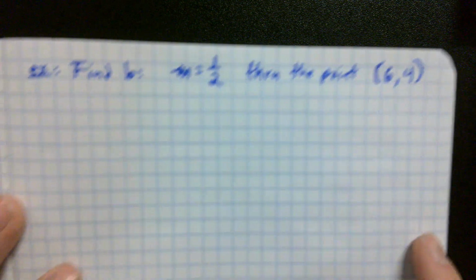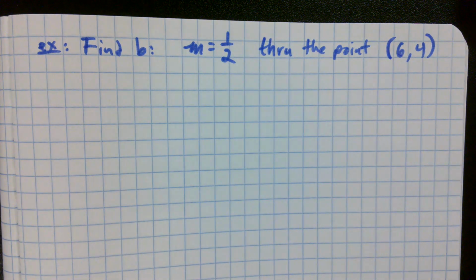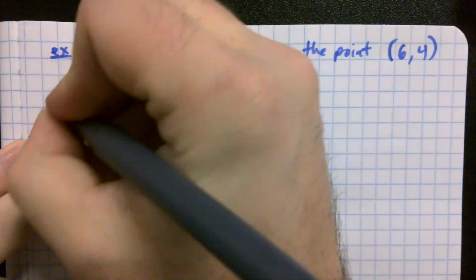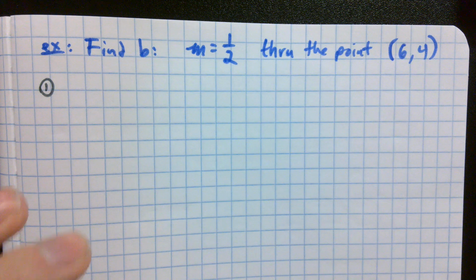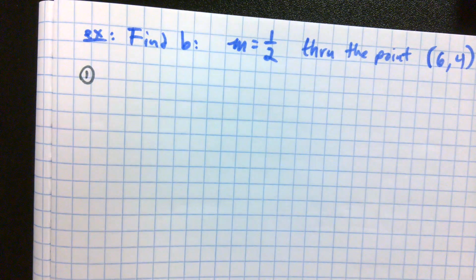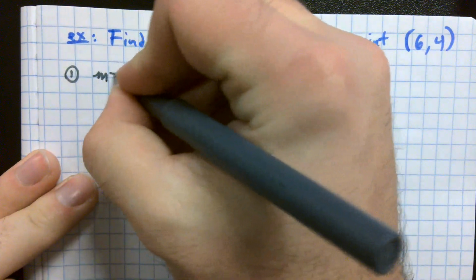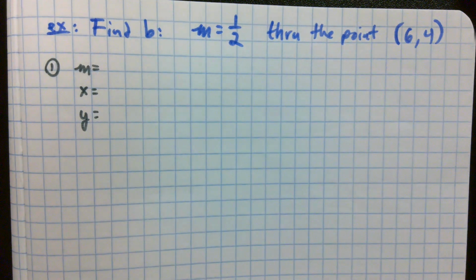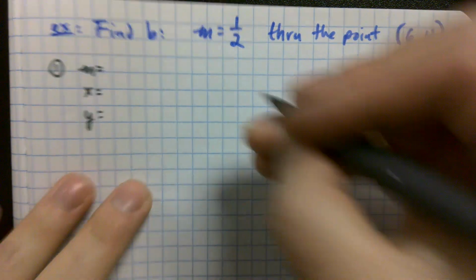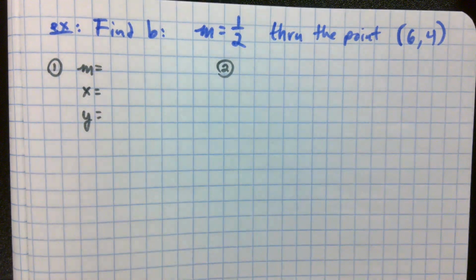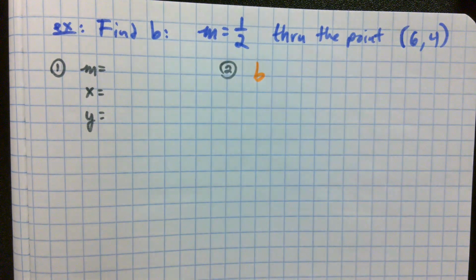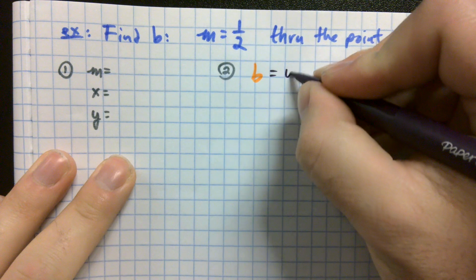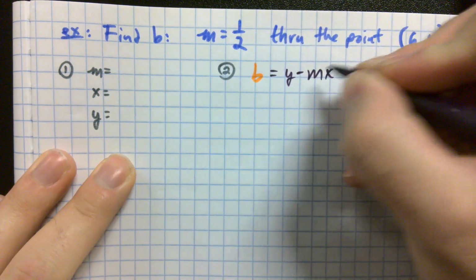Yeah, that works. So you're going to start out. I'm going to set this up just real quick. You got to identify your m, your x, and your y. And then you'll plug them in and solve. So we'll plug them into b is equal to y minus m times x.